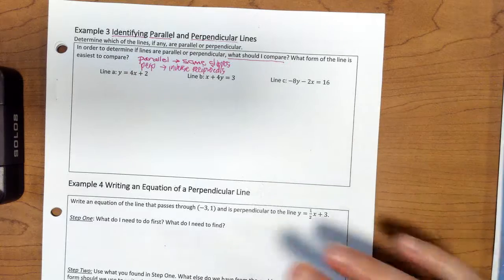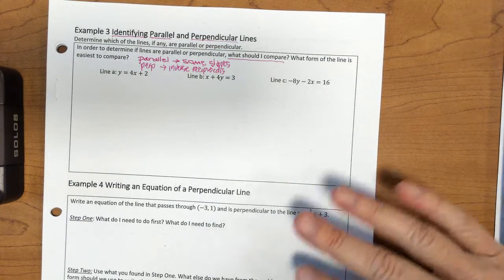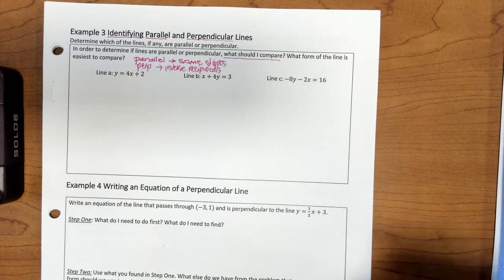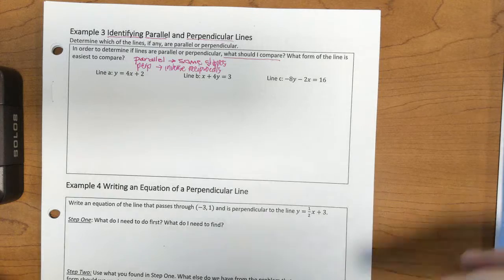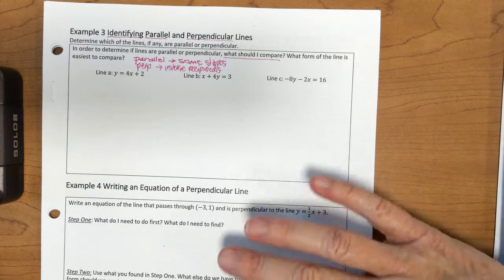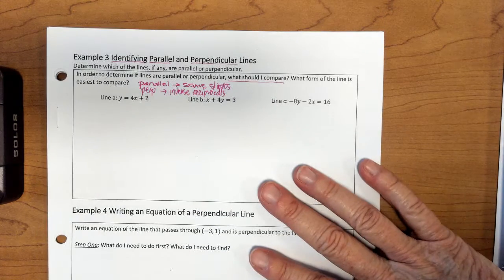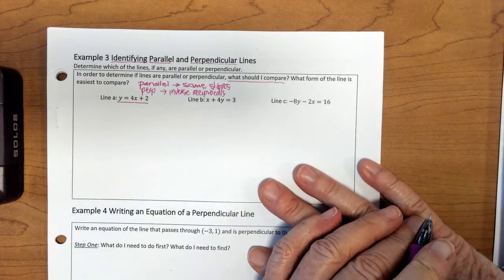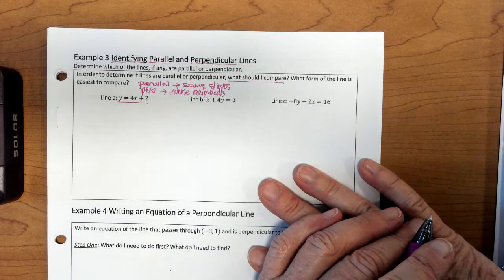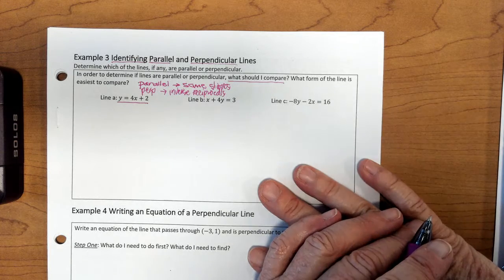Alright, so let's go ahead and take a look. We're given 3 lines, line A, line B, and line C. We're being asked to figure out what lines are parallel and what lines are perpendicular. So in order to do that, I need to compare their slopes. Line A is in a great form to get my slope.